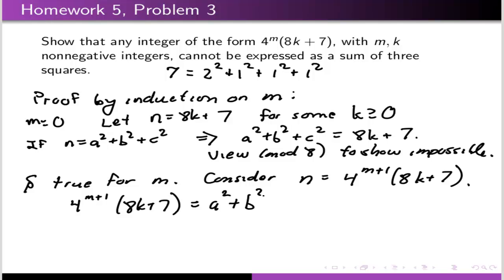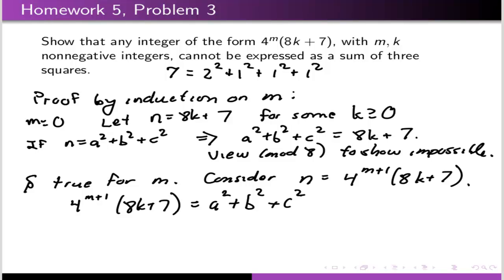Let's see what happens, and let's see if we can prove that the only way that would be possible is for a, b, and c to be 0 mod 2.